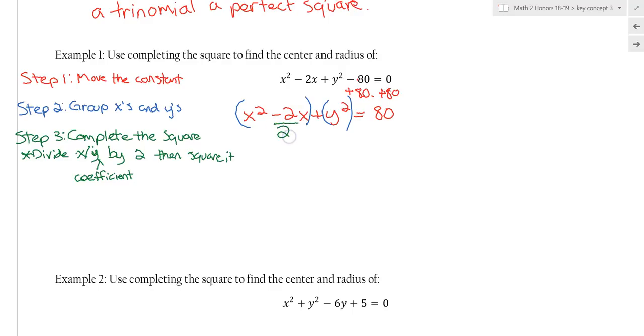I'm going to divide that by 2. I'm going to do the whole thing down here. -2 divided by 2 equals -1. And I'm squaring it, which equals +1.